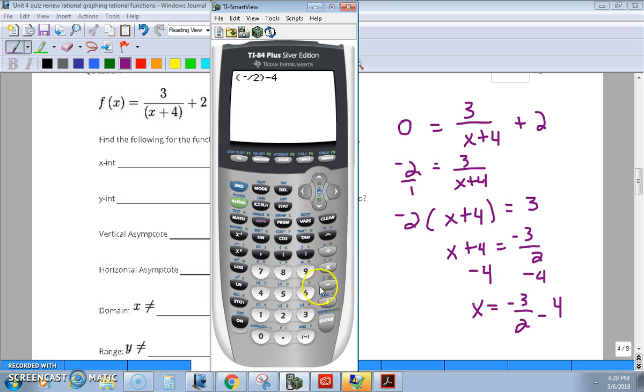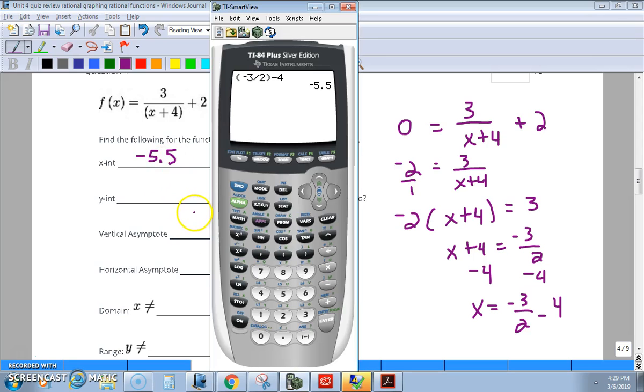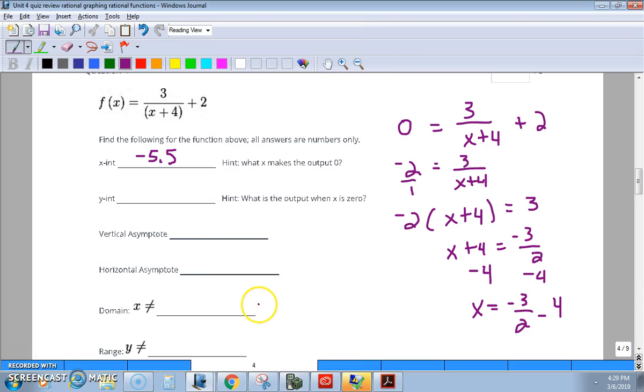I forgot an entire number, 3. And I get negative 5.5. That is what you would put as your answer. You could also have put it as a fraction, negative 11 over 2. Either one of those would have worked.